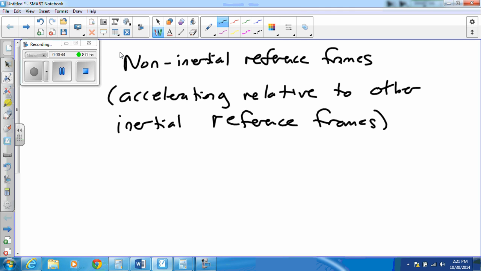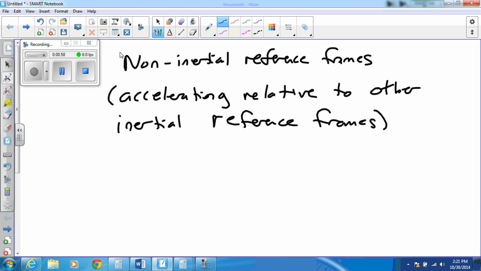Now the trick is, notice that this is somewhat of a circular definition, in as much as we're assuming that there's some inertial reference frame out there, and other reference frames are inertial or non-inertial relative to that.